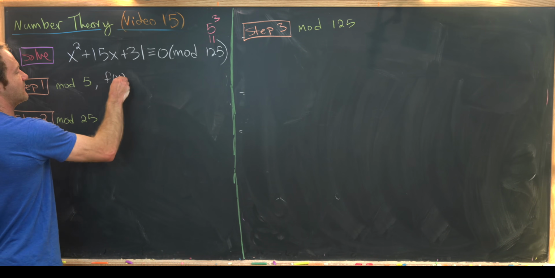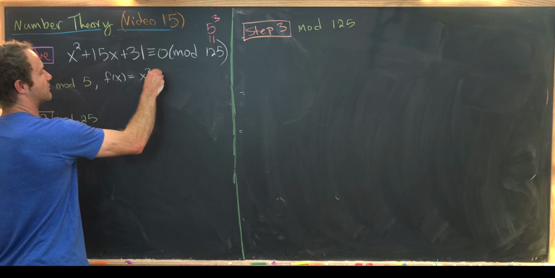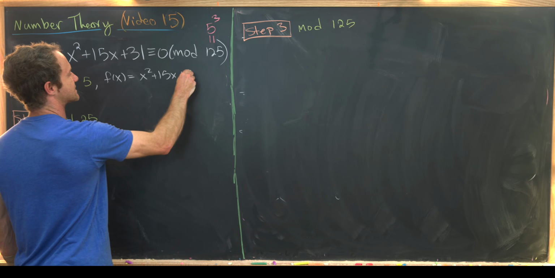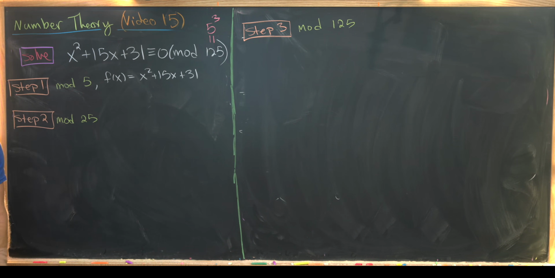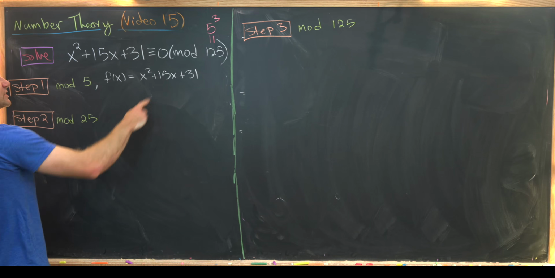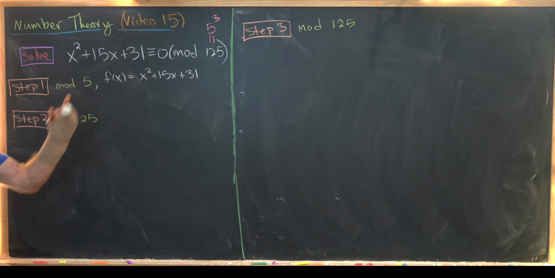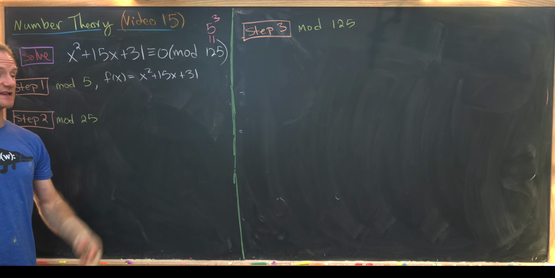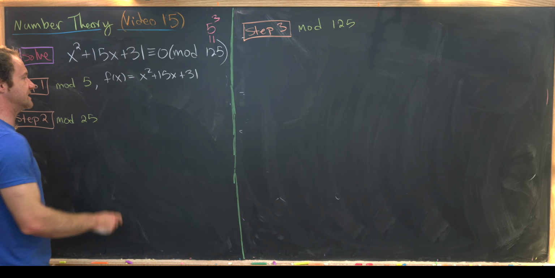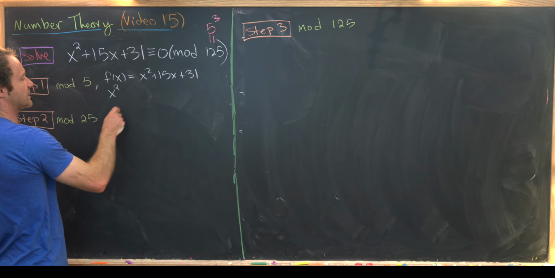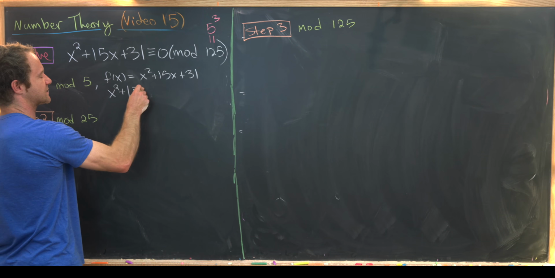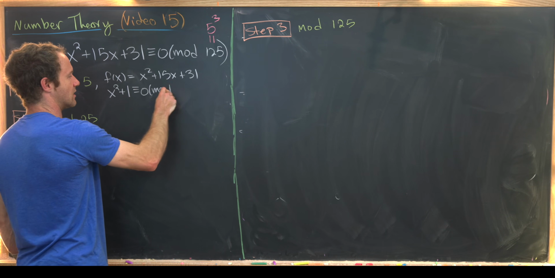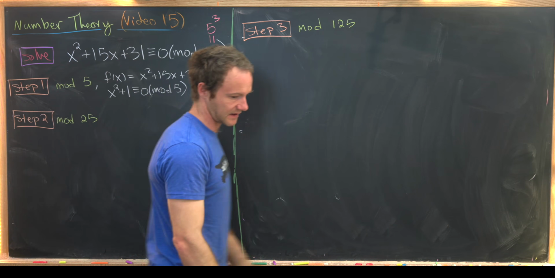So let's set f of x equal to x squared plus 15x plus 31. And notice that if we reduce this thing mod 5, well, 15 is just going to disappear to 0 and 31 is 1. So that means we're really solving x squared plus 1 is congruent to 0 modulo 5.